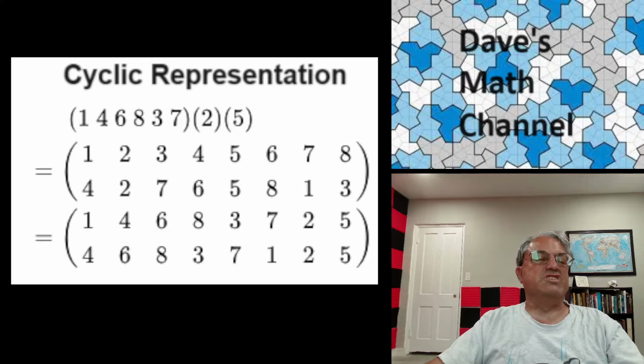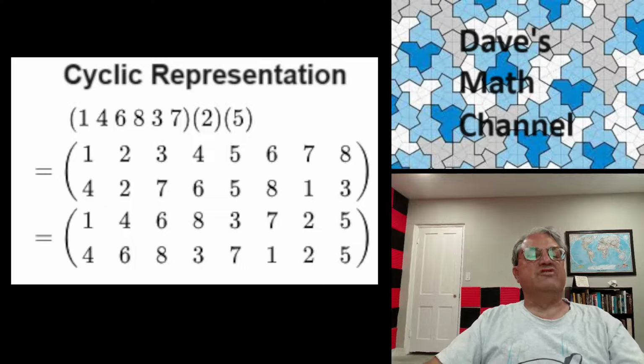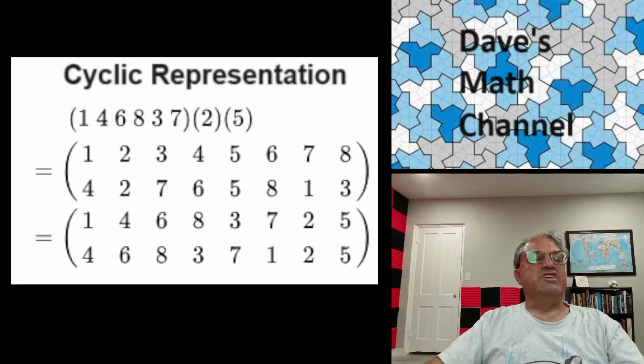So 1 in this case is mapped to 4. 2, like I said, is a fixed point, so we write 2 below 2. 3 gets mapped to 7. 4 gets mapped to 6. 5 gets mapped to 5. 5 is the other fixed point. 6 gets mapped to 8, 7 gets mapped to 1, and 8 gets mapped to 3. So that's another way you can write it.